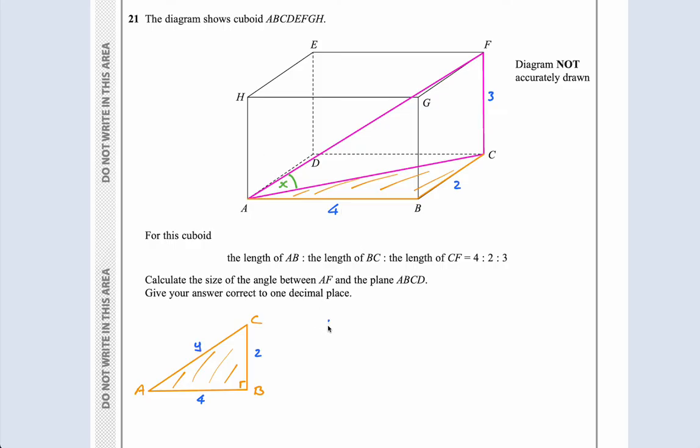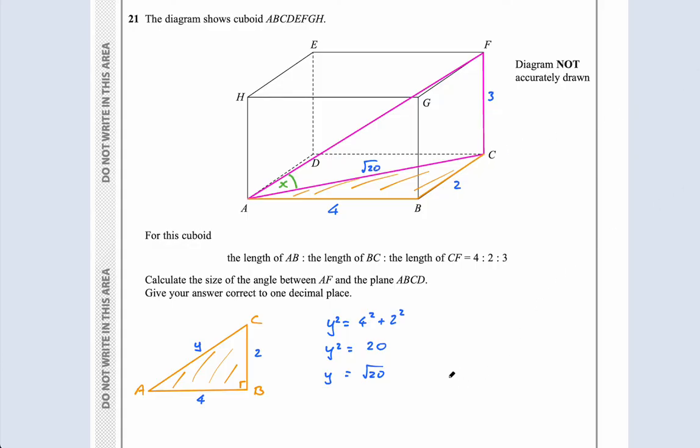So I can say Y squared equals 4 squared plus 2 squared. Y squared equals 16 plus 4, which is 20. Y is equal to the square root of 20. And I'll leave it as the square root of 20, and write it in here. So this length is root 20.